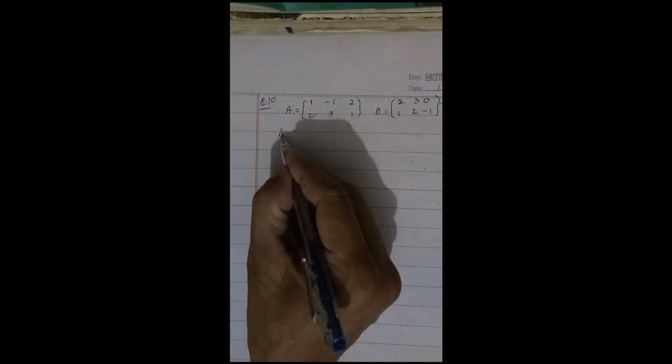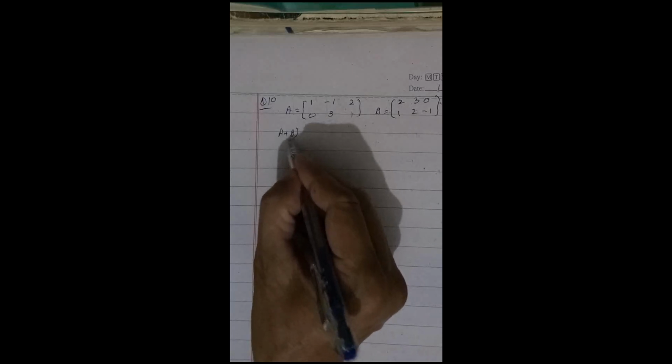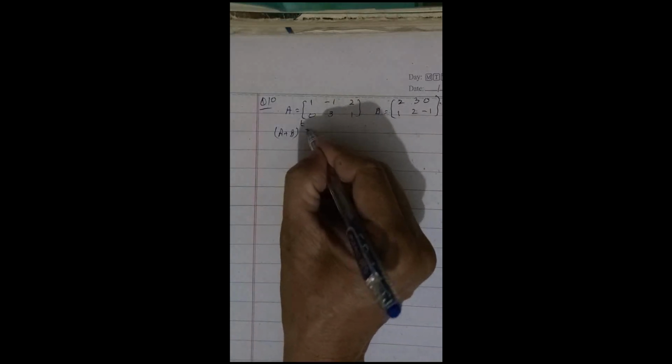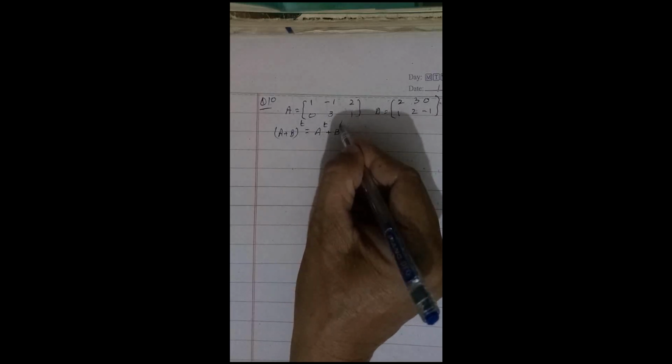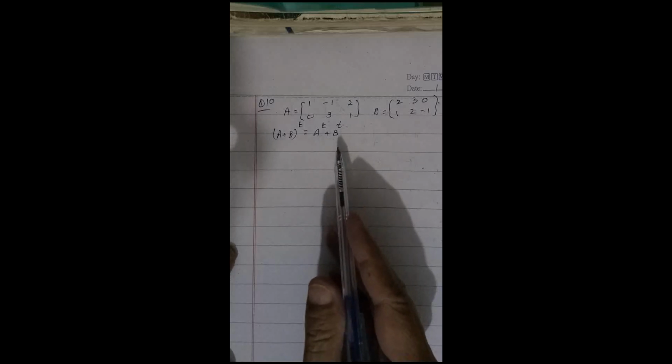And in this question, question number 10, we find that A plus B whole transpose is equal to A transpose plus B transpose. Now we verify that A plus B whole transpose is equal to A transpose plus B transpose.